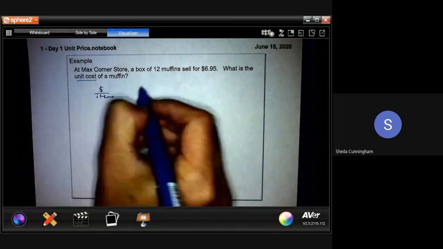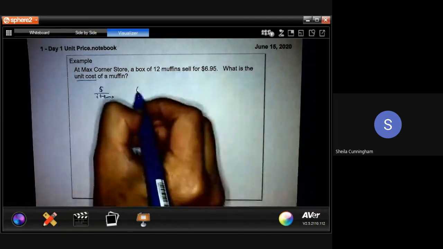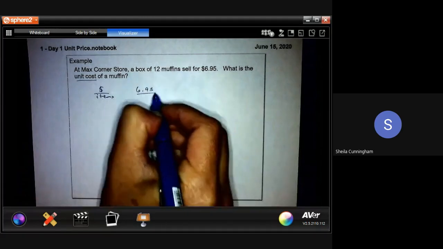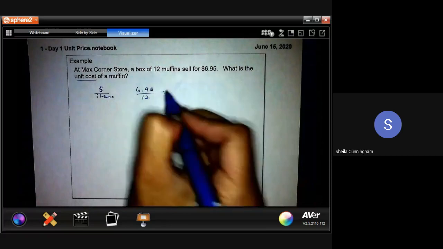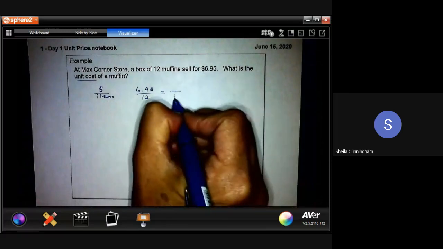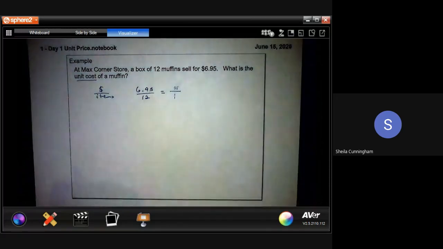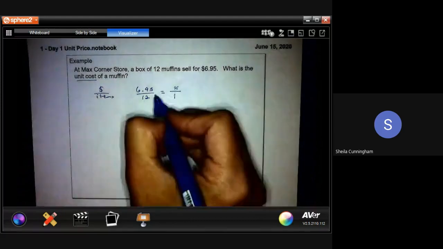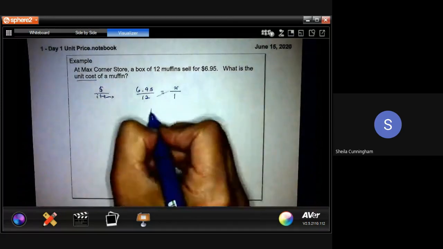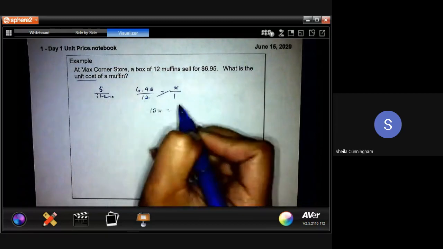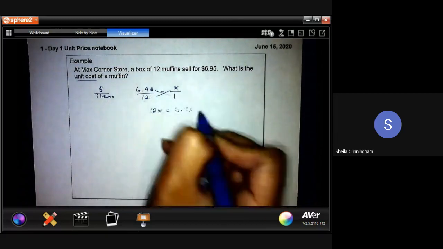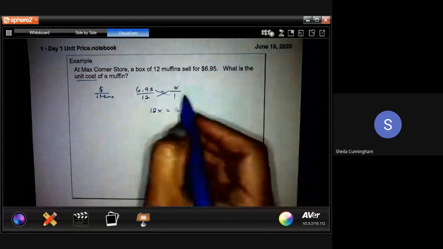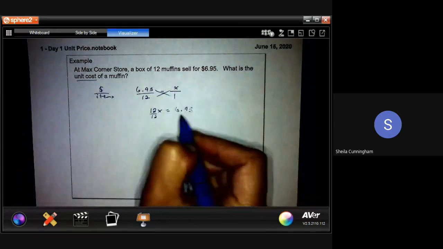For $6.95, I can buy 12 muffins, and I want to know for 1 muffin what the cost is. Again, we cross multiply: 12x is equal to $6.95, and I'm going to divide both sides by 12.